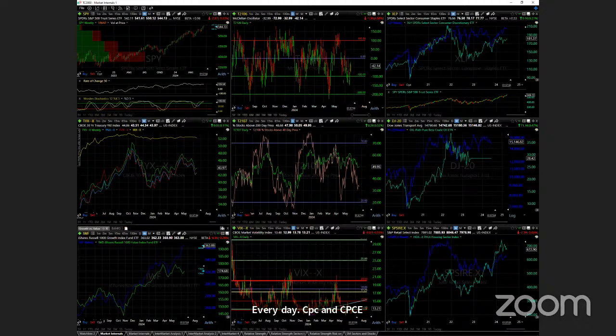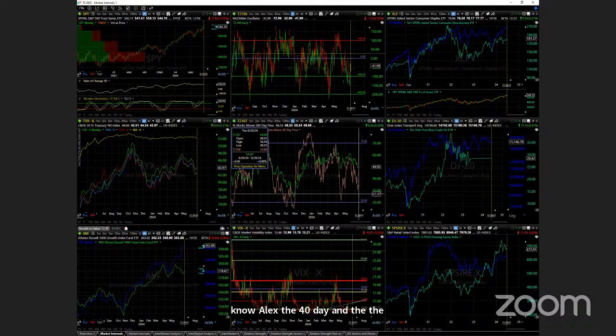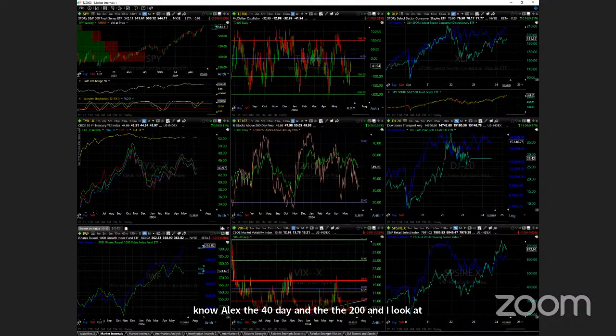But I use stock charts at the end of the day for those, and I do use this one, as you know, Alex, the 40-day and the 200, and I look at these each day. Again, I don't want to over complicate things.